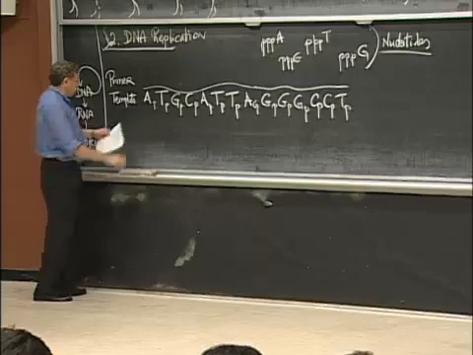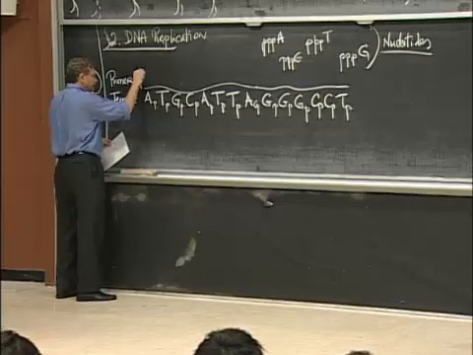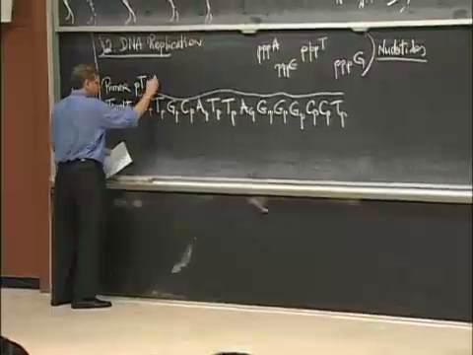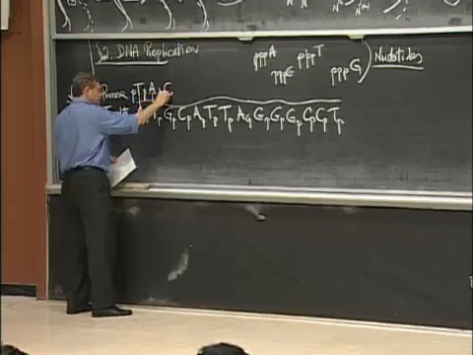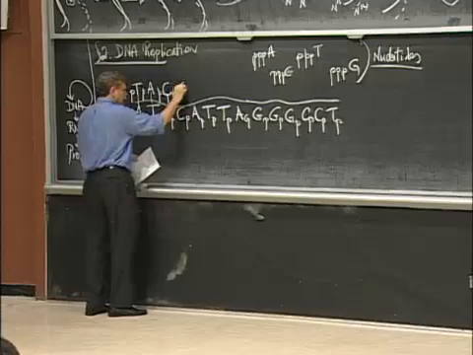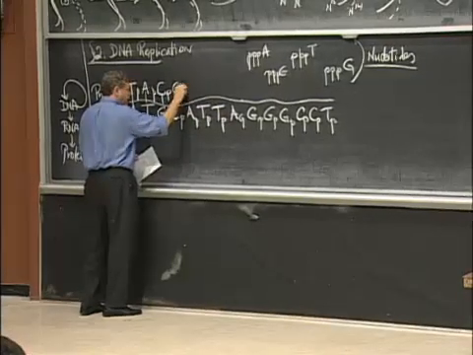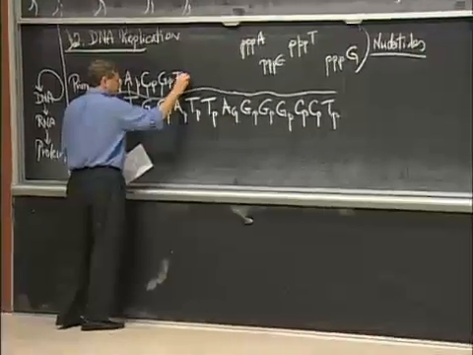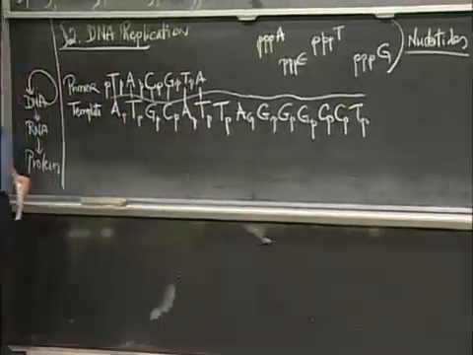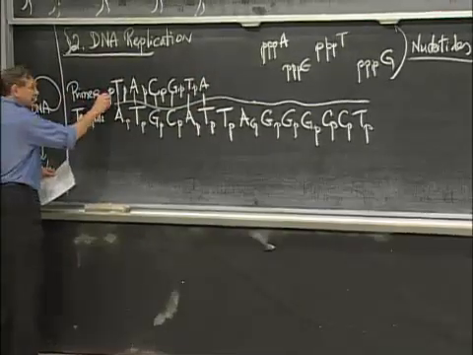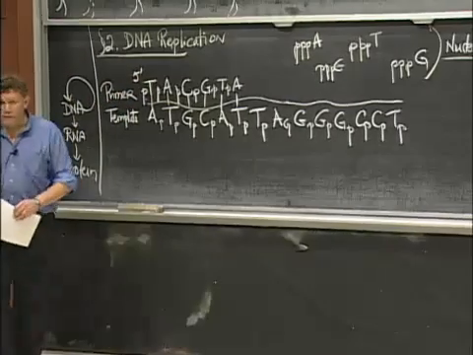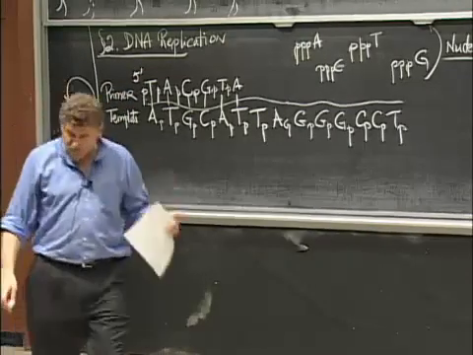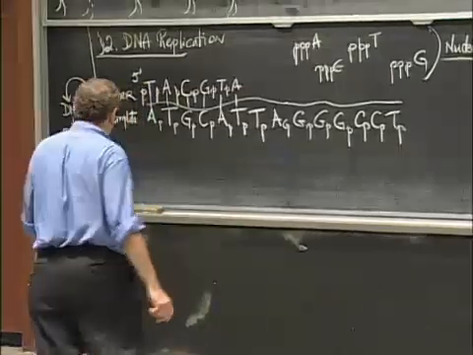So the primer goes, let's say, phosphate T, phosphate A, phosphate C, T-A-C, phosphate G, phosphate T, phosphate A, let's say like that. So this is the 5' end of DNA. Remember, the phosphate is hanging off the 5' carbon, right? What's the other end?